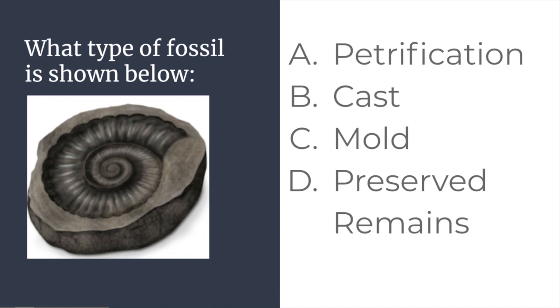Or is it a preserved remain? If you said mold, you are correct. See how this rock fossil has an empty space shaped like a seashell? That is because the imprint of the shell made this empty space on the rock.